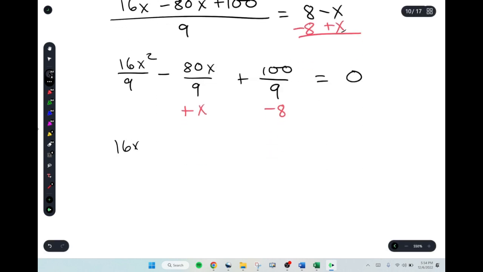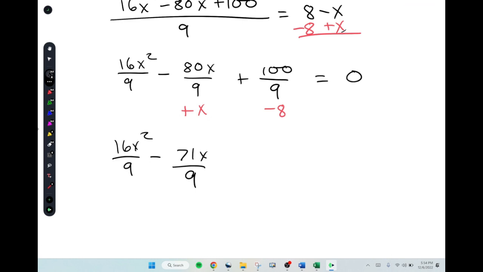So we should get 16x squared over 9 minus 71, because this is technically 9 over 9x, right?